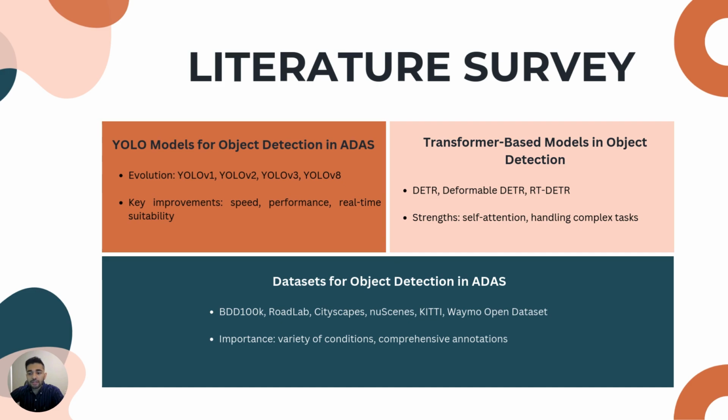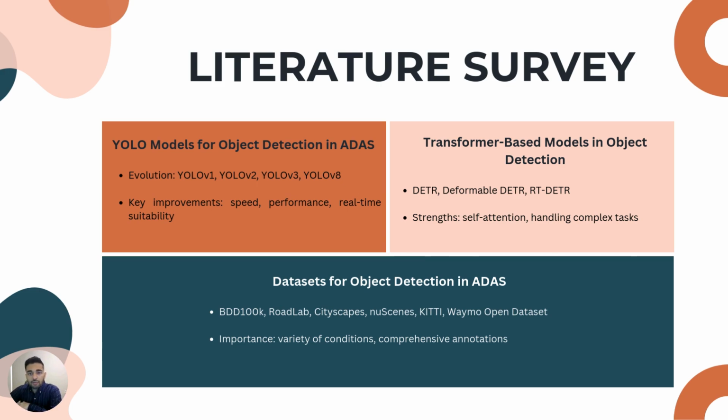Now the key datasets. So key datasets include first BDD100K, which has extensive annotation for diverse conditions. The next dataset that we explored was the RoadLab dataset, which had traffic object detection in Canadian environments. Cityscapes, which had semantic segmentation and detection in urban settings.